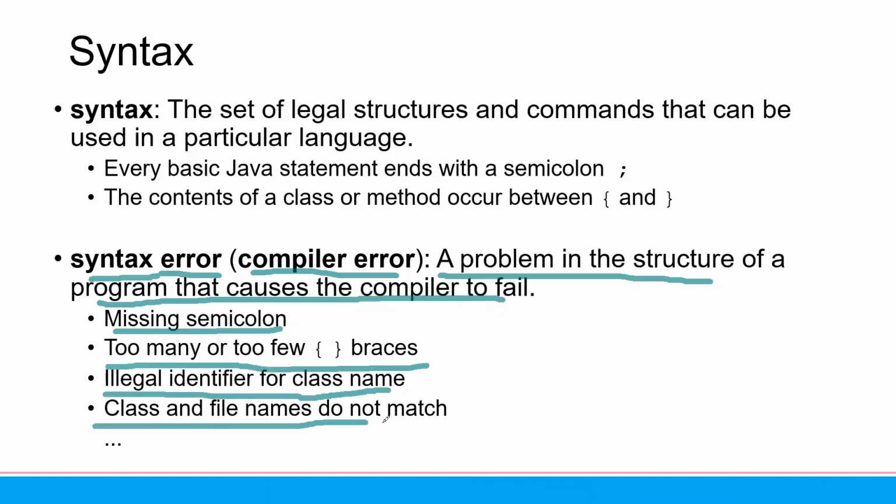Class and file names not matching is also an error. Later you will see these kinds of errors in your assignment or exercise, and you need to find how to solve them.